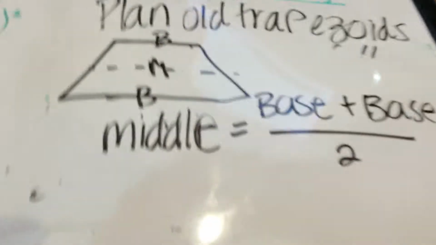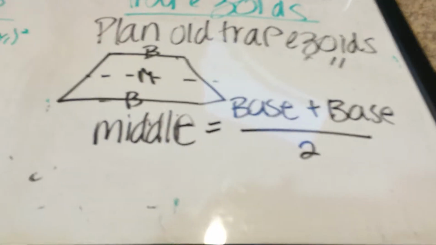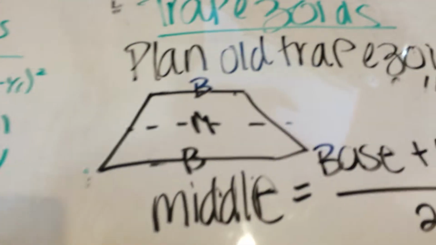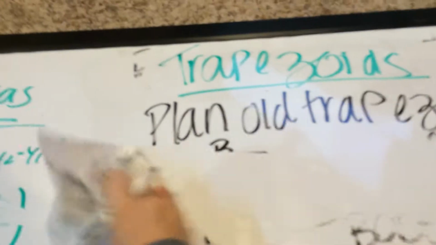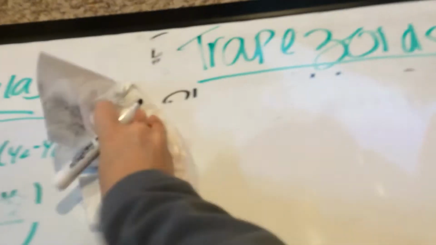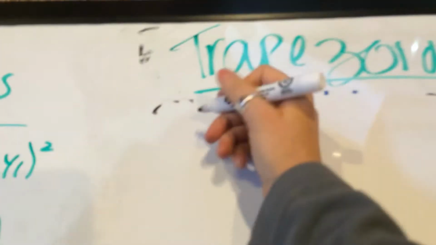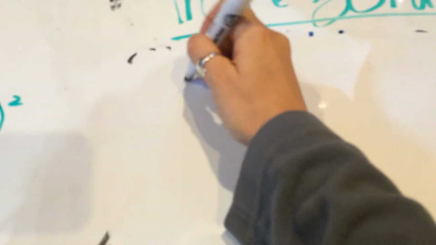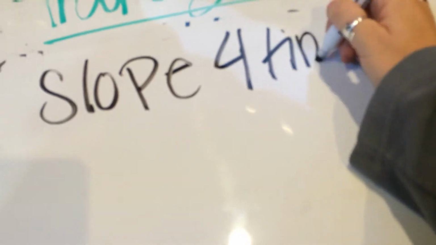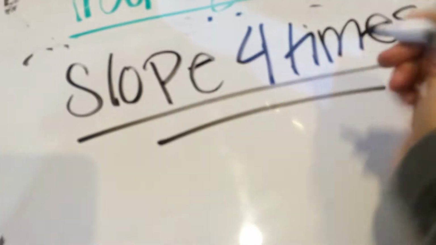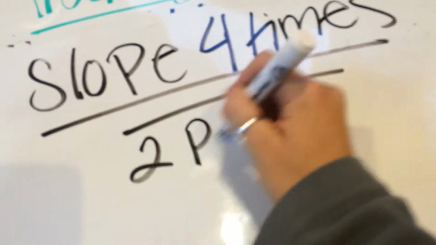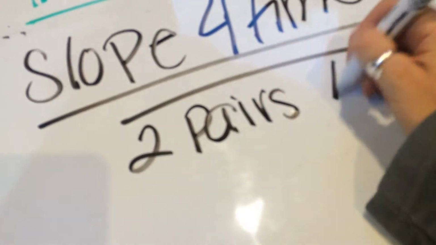Now, coordinate proof. Telling you guys right now, there will be a coordinate proof about isosceles trapezoids. This is what you are going to do for my coordinate proof. You better all know this. Slope, four times. There will be two pairs parallel and two not parallel.